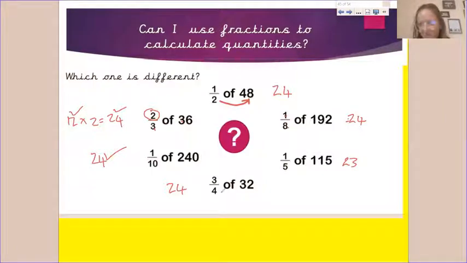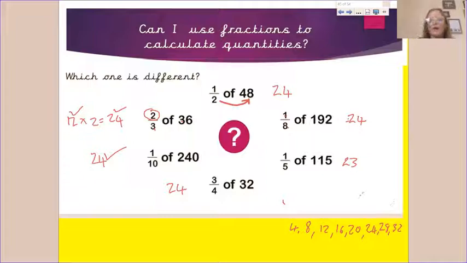32 divided by 4 is, if you're not sure, you can count. So you can 4, 8, 12, 16, 20, 24, 28, 32. And that will tell me 1, 2, 3, 4, 5, 6, 7, 8.